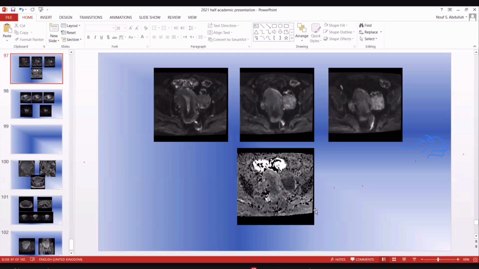Usually when you have a transvaginal ultrasound, the urinary bladder is empty, so there will be no urinary bladder fluid. In cases of transabdominal ultrasound, we always ask for a full bladder, so you will be able to identify the uterus very well. The diagnosis of the last case was dysgerminoma.